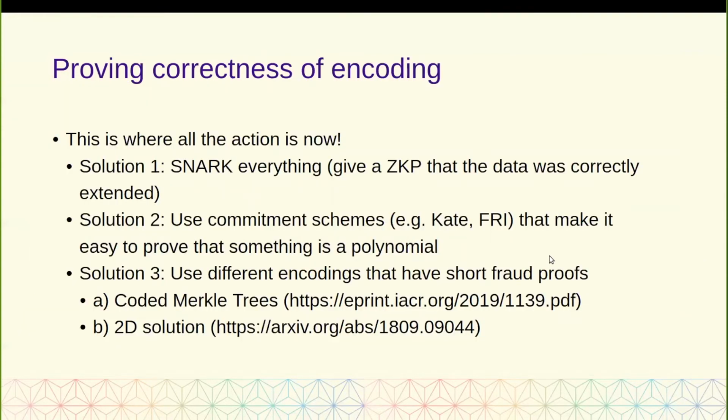So this is kind of where I'd say the action is now in terms of data availability proofs, because the basic idea of having erasure codes is quite obvious. But now how do you solve this problem of proving that the encoding is correct? I guess the almost obvious solution would be to just SNARK everything.